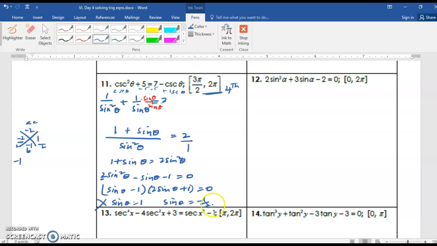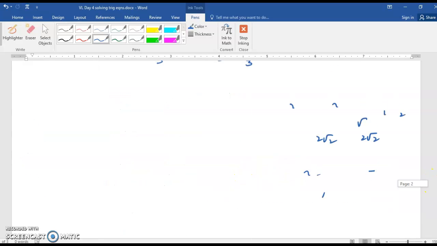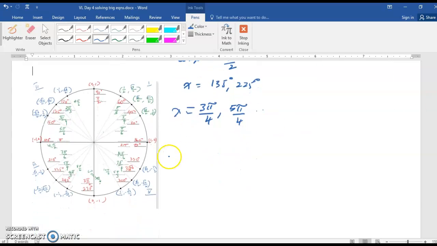But here, sine theta is a negative half in the fourth quadrant. At what angle? So go to the unit circle. You'll see that sine theta is negative here, right? So it is negative half at 11 pi over 6.